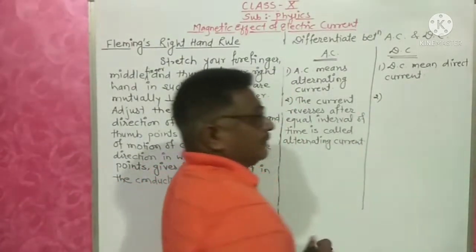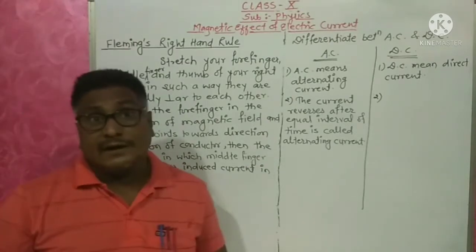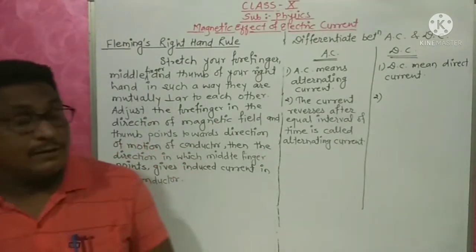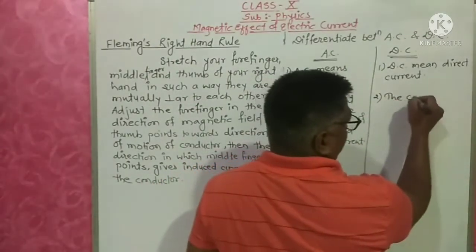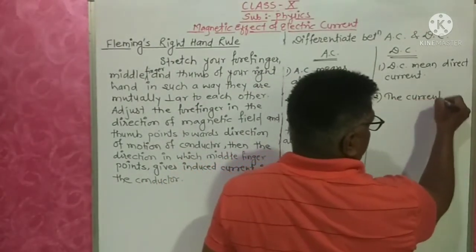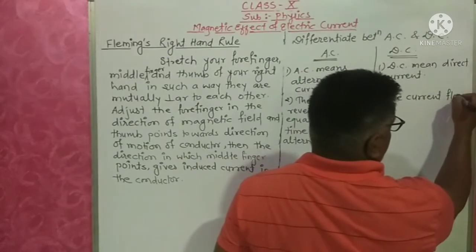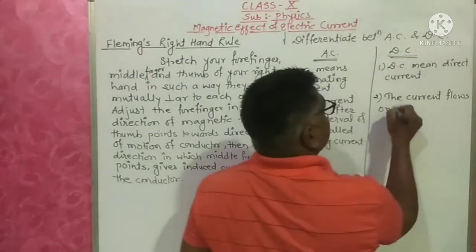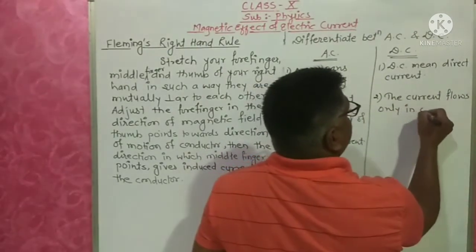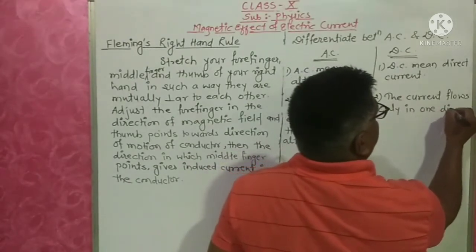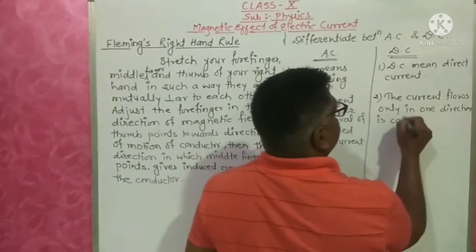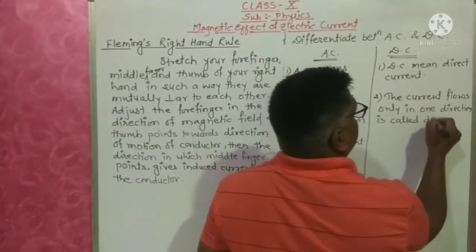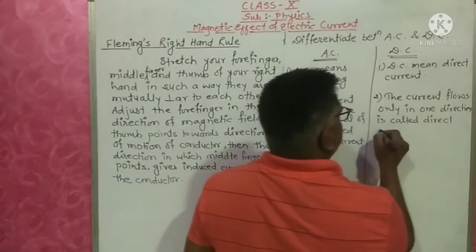And what is the meaning of DC current? DC current, the current flows only in one direction, is called direct current.